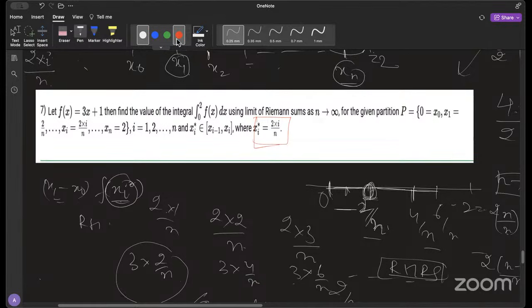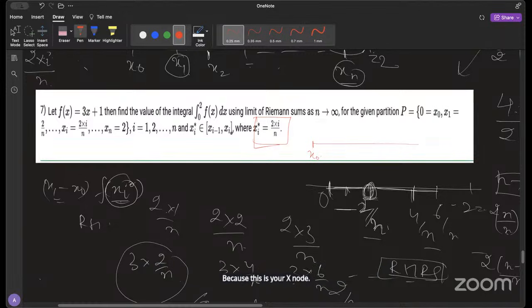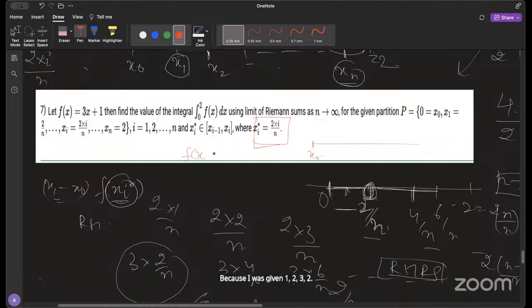Ma'am, you said that this xi star is 2i upon n. We have to take it as a right Riemann sum. So how did you get to know that it is a right Riemann sum? Because this is your x naught. The formula is this, right? Because i is given as 1, 2, 3 up to n. i starts from 1. And you take delta xi here, right?